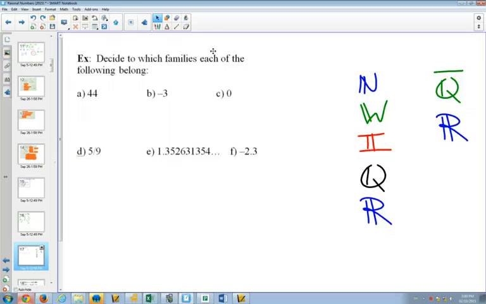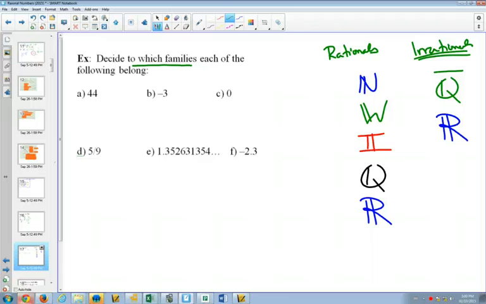Now, one thing that I find helpful is when I'm asked to decide all the families that a number belongs to, I put my numbers into two categories: your rational numbers and your irrational numbers. And I always list them from the smallest family to the biggest. The smallest family is your natural numbers, 1, 2, 3, 4, 5.